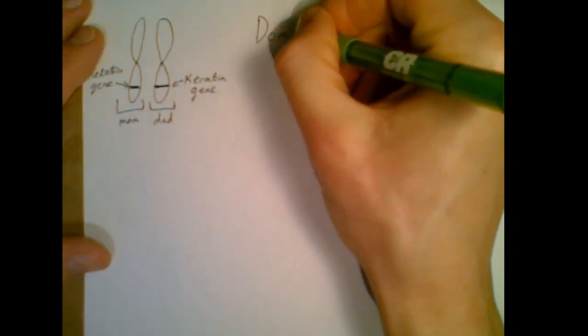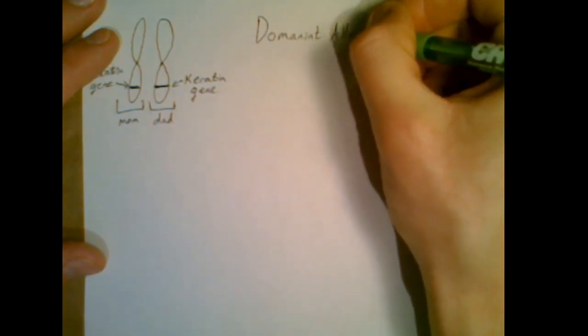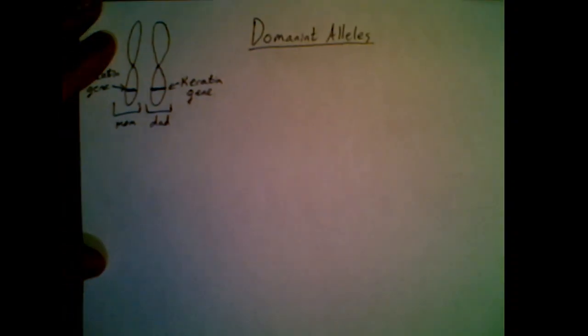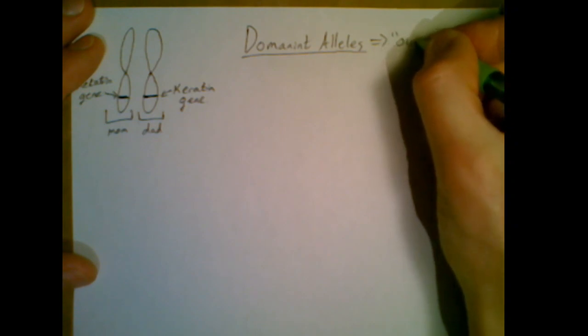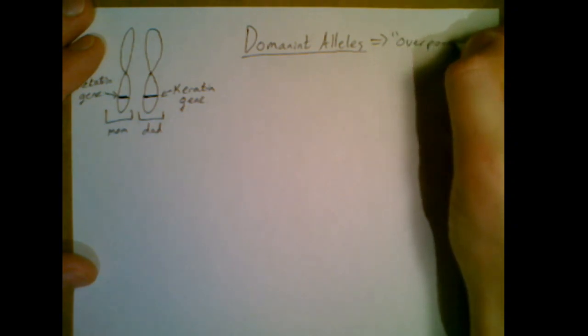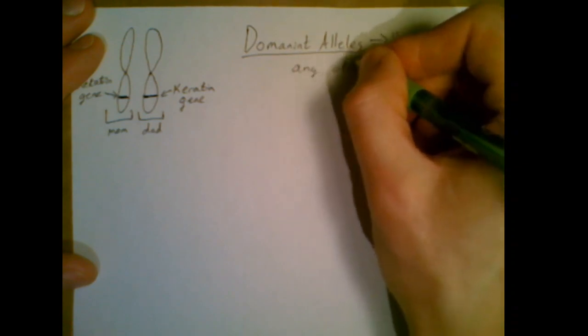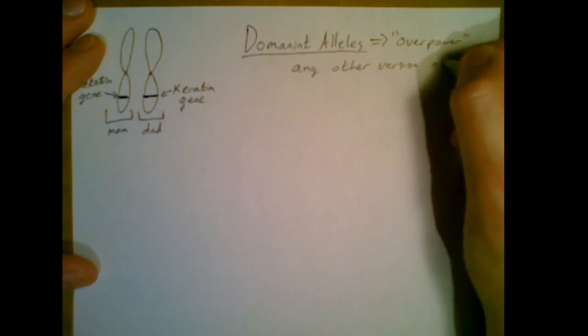We're going to talk about dominant alleles. So what does it mean to be a dominant allele? Well, it means that you essentially overpower any other version of allele that is present.